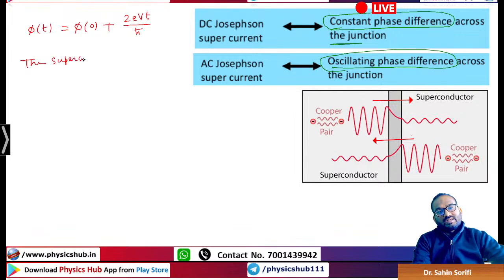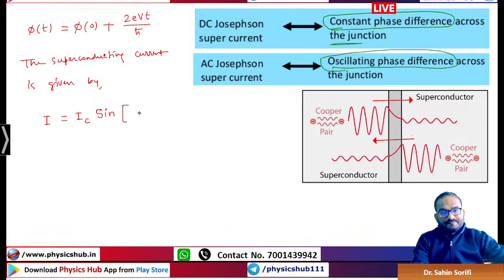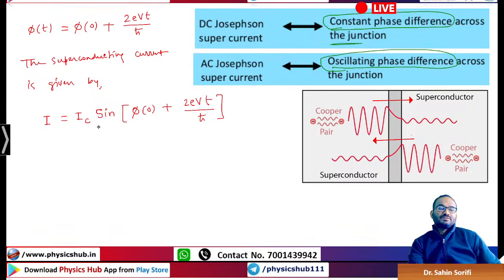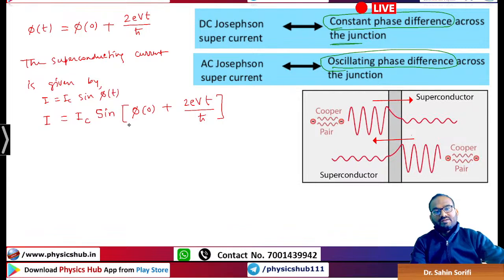So the superconducting current is given by I equals to Ic sin phi of t, and phi of t is equals to phi 0 plus 2eVt by h cut.